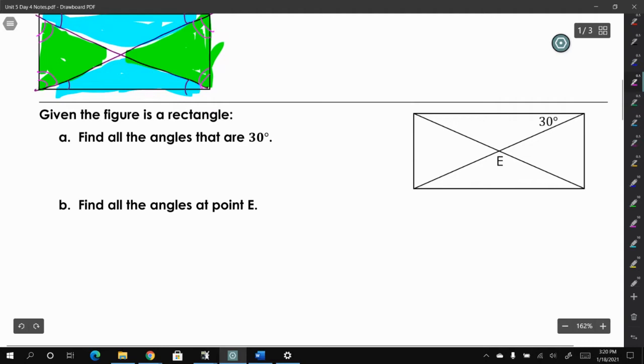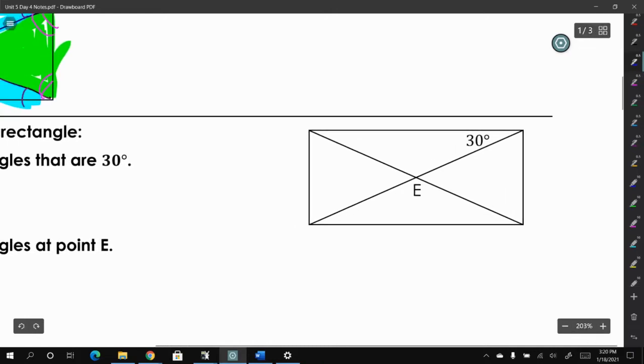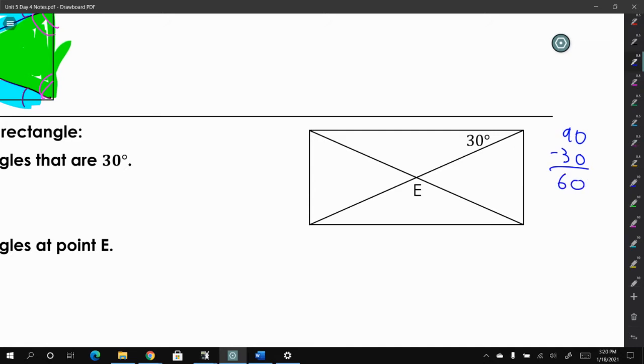So let's apply this. Given this rectangle below, find all the angles that are 30 degrees and find all the angles at point E. So using what we just talked about, how each whole angle here in a rectangle is 90 degrees, and that these two angles have to add up to 90, if I do 90 minus 30, that gives me 60 degrees.